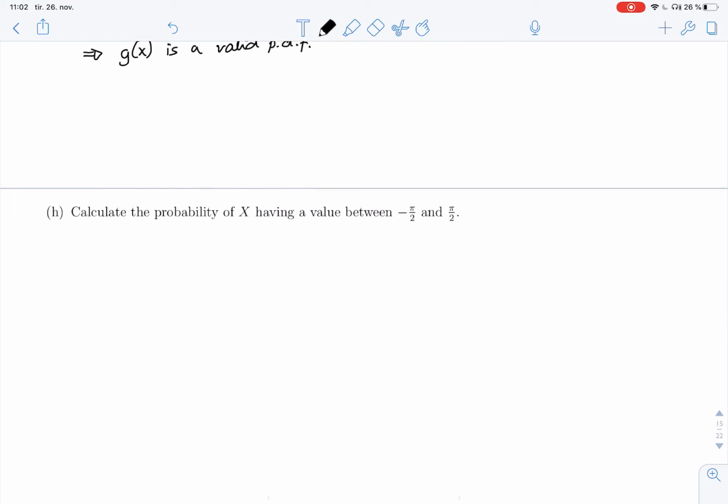Calculate the probability of x having a value between minus pi half and pi half. Okay, so the probability that x lies between these two values, this is our graph, so that would be equal to this area here.